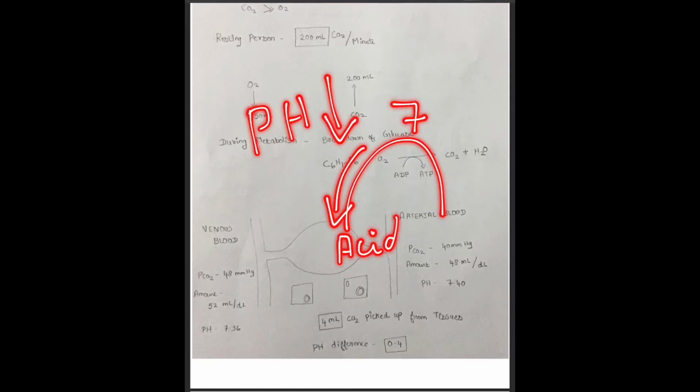Whenever there is carbon dioxide, that means there is increased acid. That means the pH drops, that is, the pH drops to attain the acid level.